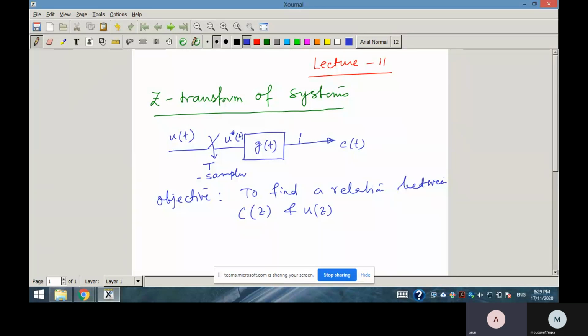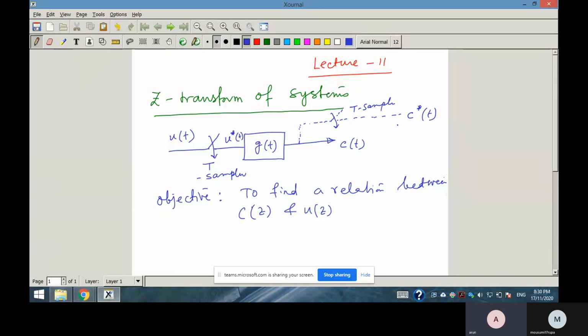So this is a T sampler again, but now it is a fictitious sampler.